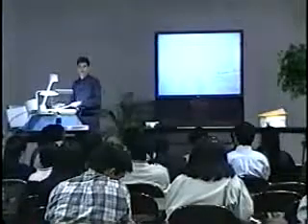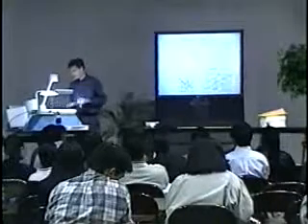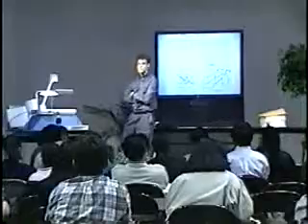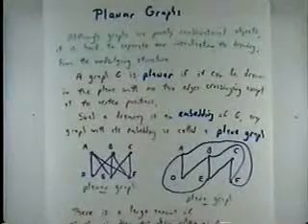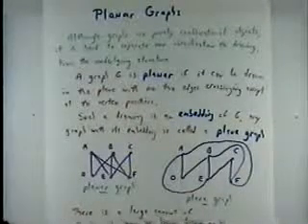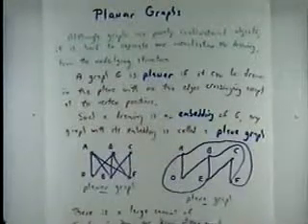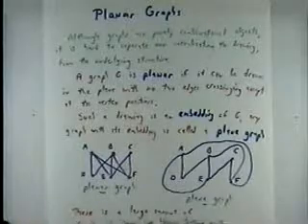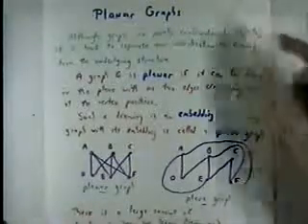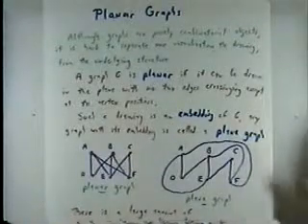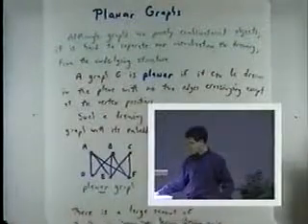One important class of graphs is called planar graphs. In a planar graph, the idea is that we can draw the graph in the plane in such a way that no edges overlap, no edges intersect. As Professor Skeena says, although graphs are purely combinatorial objects, it is hard to separate our visualization, the drawing, from the underlying structure.